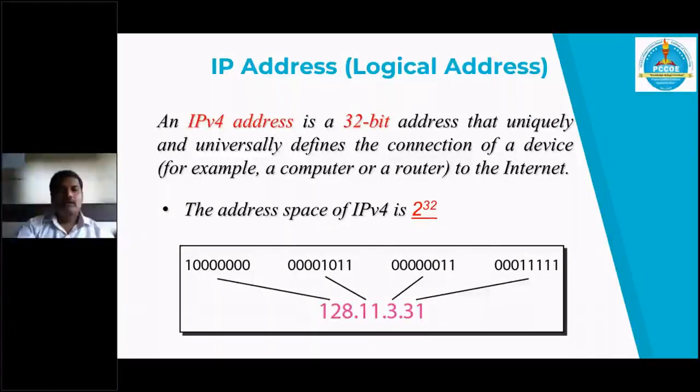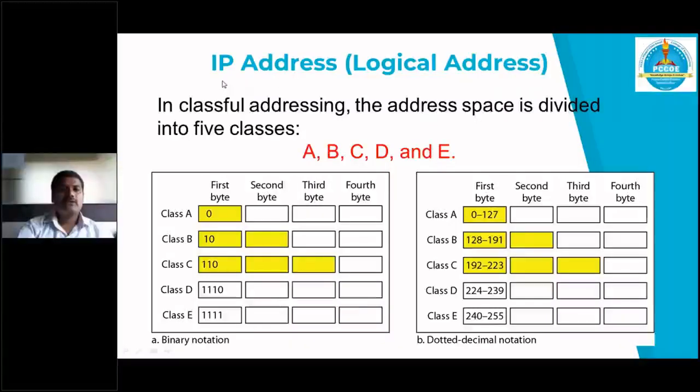Once you know the IP address syntax, you should know the different classes of IP address. Here IP addresses are mainly classified into 5 classes: class A, B, C, D, and E. Now, on the left hand side of this figure, class A, B, C, D, and E, how can you identify the IP address class? Here 4 bytes of information are shown.